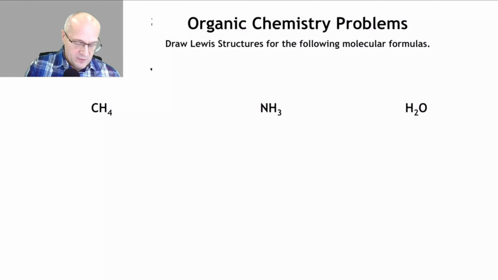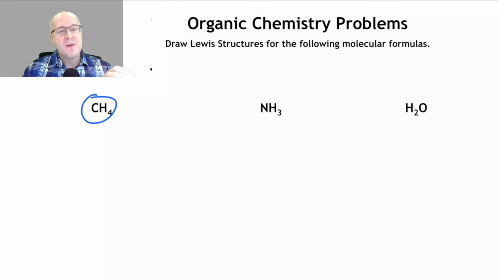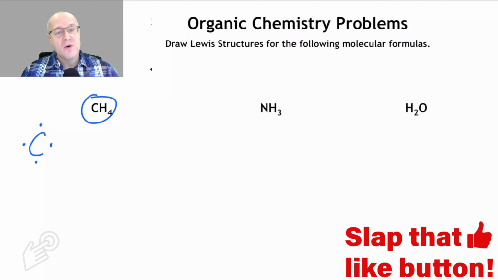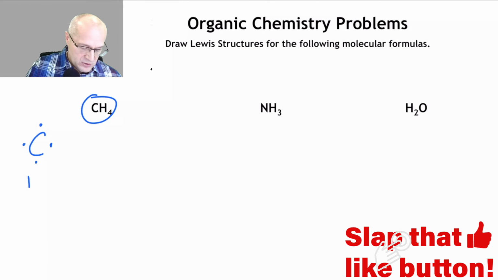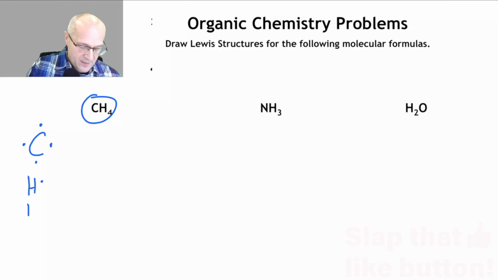Now, let's go after this one, CH4. How do we draw the Lewis structure of methane? Well, you have to know how many valence electrons each atom has. So carbon, I know, has 4. If you don't know why, it's part of the group number. It's in group 14 or 4A, so I know it has 4 valence electrons. Hydrogen's in group 1 or group 1A, so I know it has 1 valence electron.